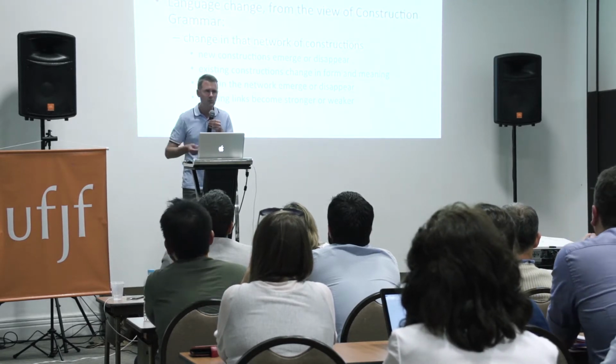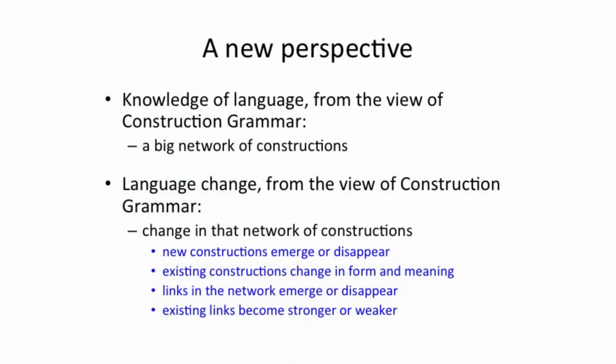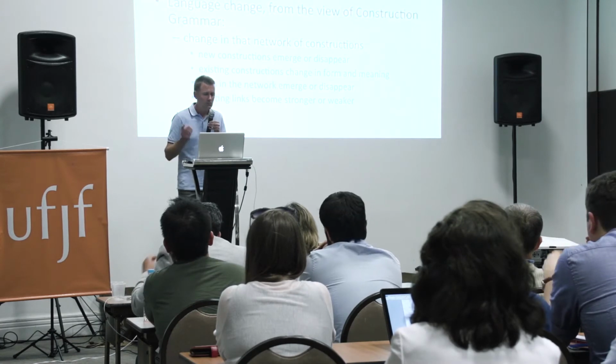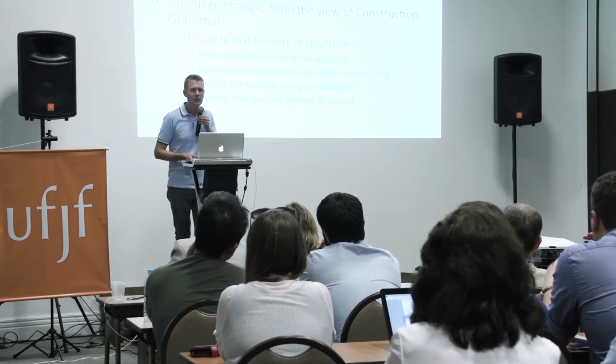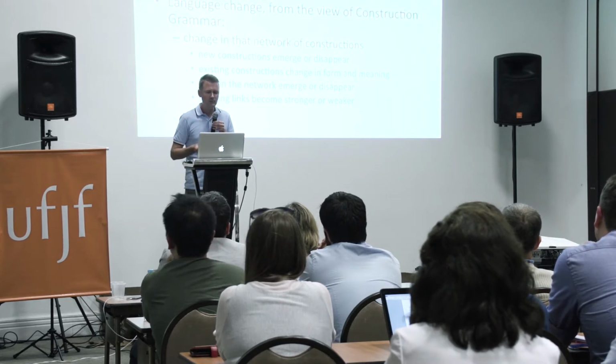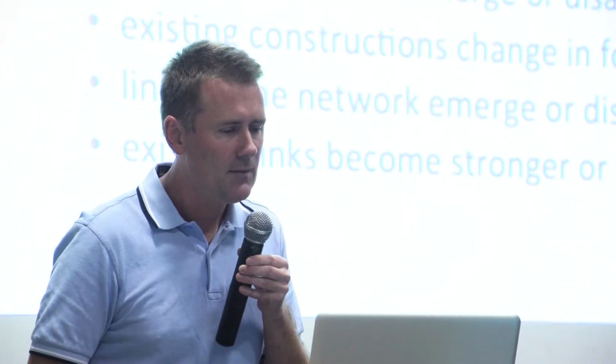So we can think quite naively about changes in this network, saying that, okay, things that can happen include the following. For instance, new nodes, new constructions may appear in that network. Or things may happen to existing constructions. They may change in form and meaning, become more frequent, less frequent, things like that.